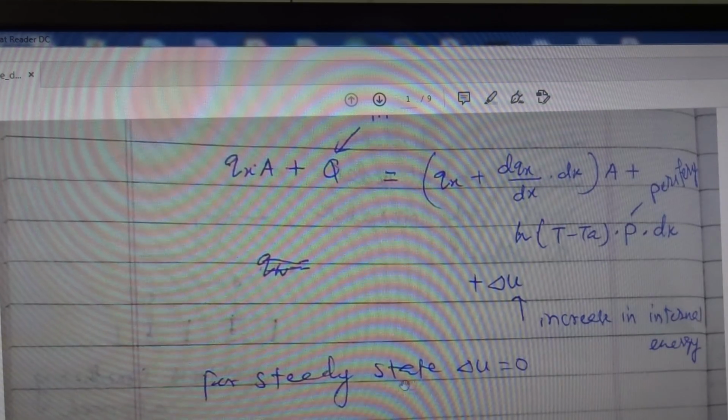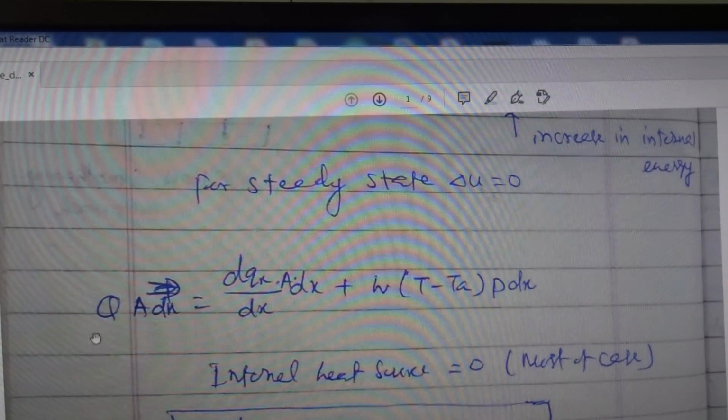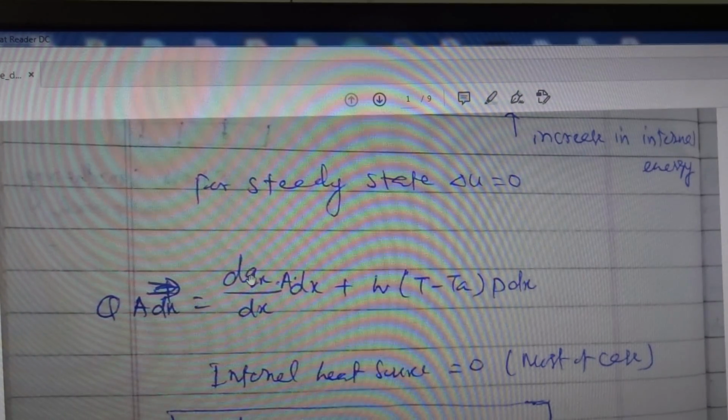So for a steady state, the increase in the internal energy is equal to 0, and from the above equations you can write Q A dx is equal to dqx by dx into A dx plus H T minus TA into P dx. So internal heat source, here consider there is no internal heat source for simplicity.